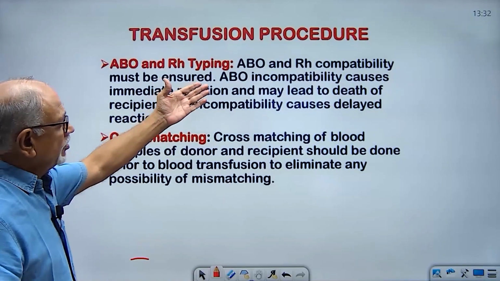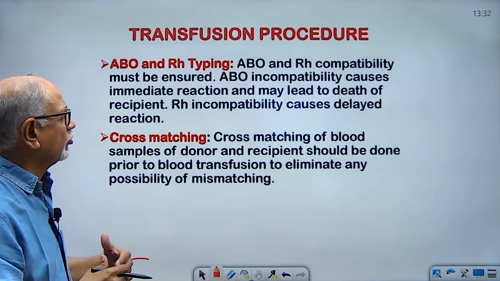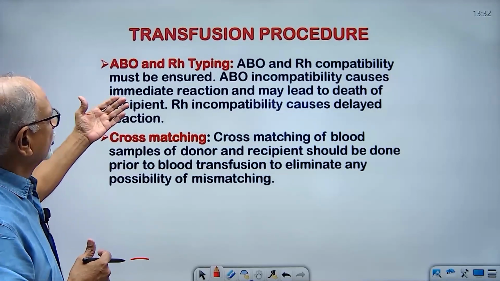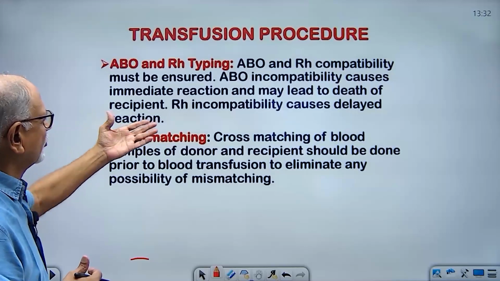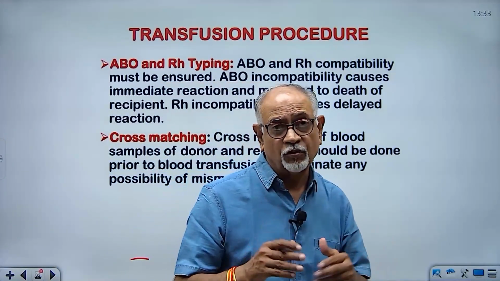The ABH antigens react very quickly. So, the incompatibility reaction starts immediately. It is somewhat delayed in case of RH, but then it is also very severe.